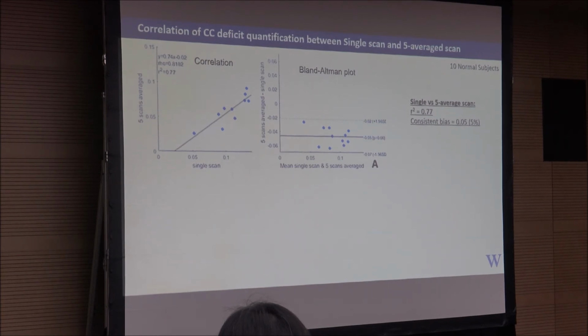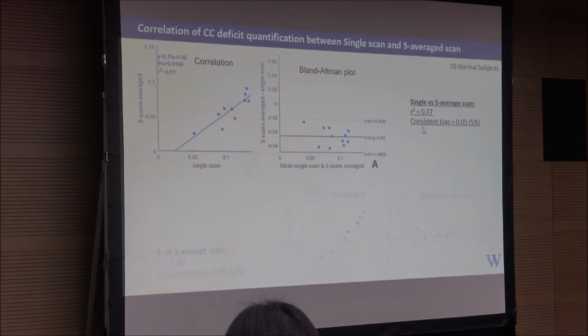For the single scan, the correlation is actually pretty good, 0.77, which gives you very nice results. And you have a bias of 5% for each scan. This means a single scan is probably enough, but you need to compensate for this 5% bias.